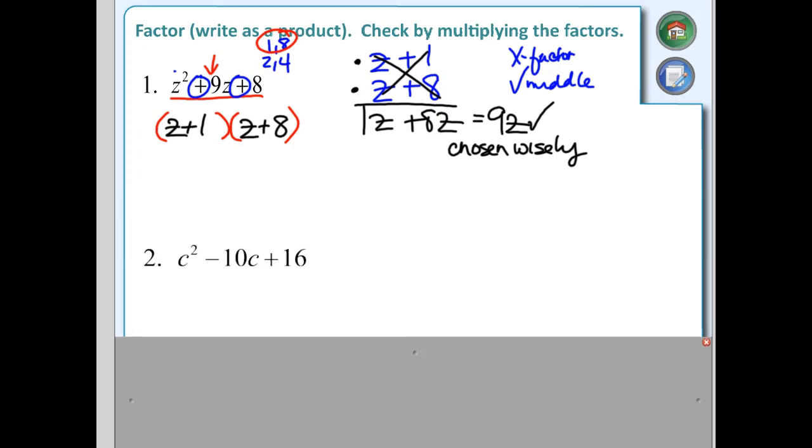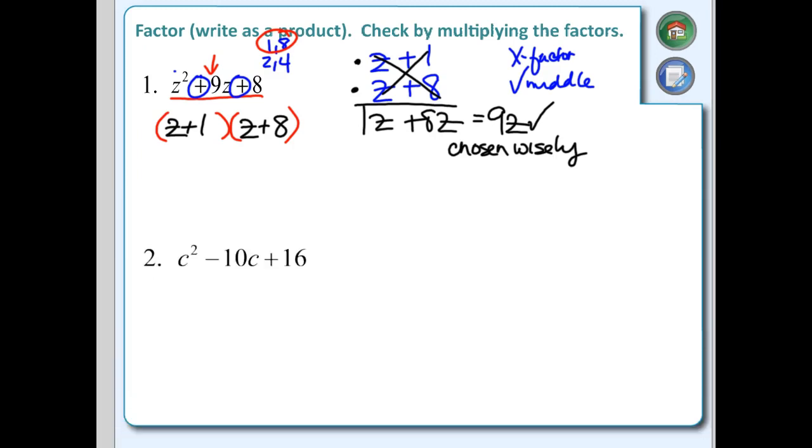Let's look at another one. Let's look at number 2. Remember, I have a trinomial, and when I get done, I'm going to have 2 binomials to multiply together. All right, so let's look. My first term is c squared. So what are the factors of c squared?